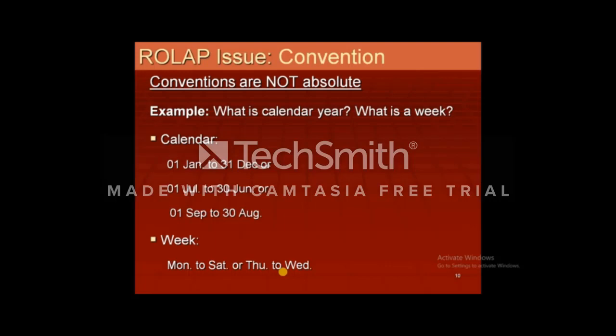So when they put data inside the data warehouse and create reports according to their definition, these do not match the other organization's reports when they share their data. The conflict is that they consider different values of sales according to their definition of calendar year and calendar week. So organizations should be clear on these conventions when they share reports.